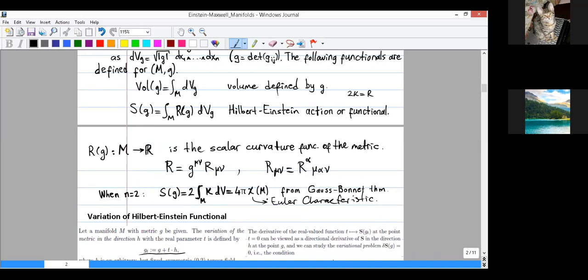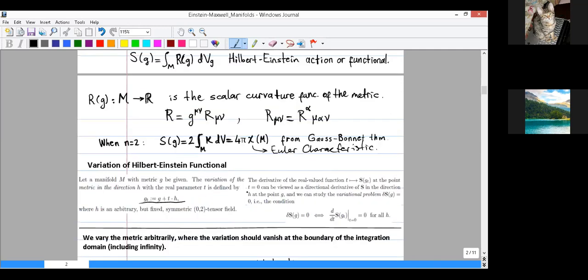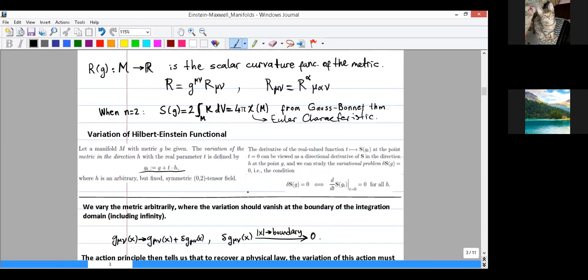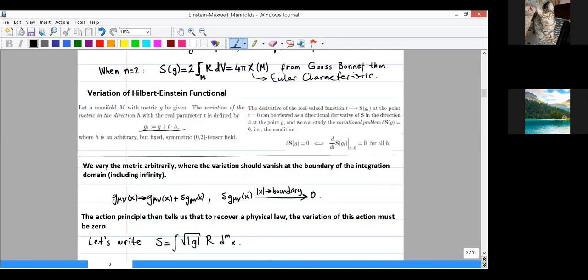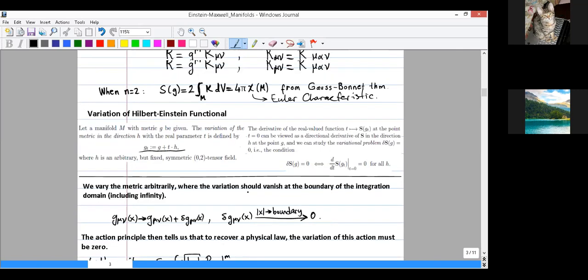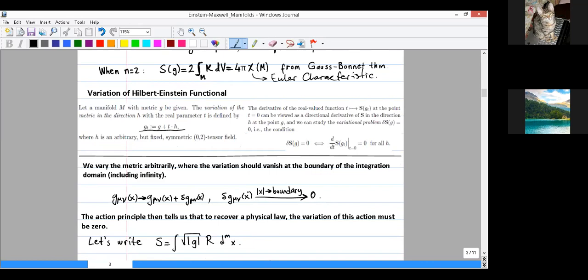The integral is 4 pi chi of N. Chi here is the Euler characteristic. This is just to mention a special case. We don't have any special focus on this two-dimensional case. Okay, so we need to apply variation to this Hilbert-Einstein functional in order to obtain the Einstein field equations.